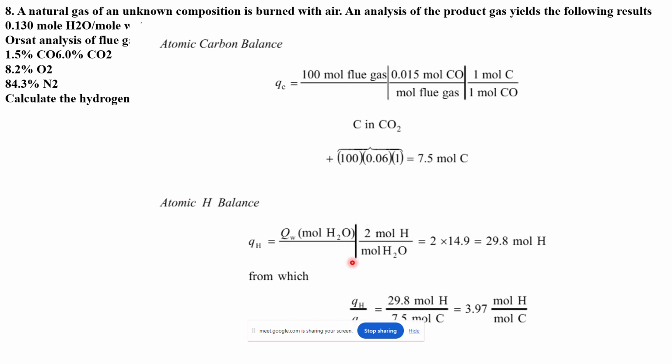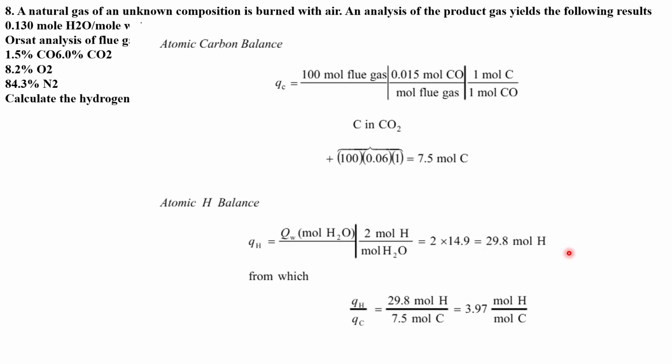The hydrogen goes into two forms, one of which is H2O. Based on that, we can calculate the amount of hydrogen present in the natural gas relative to the carbon. It will be around 29.8 moles of hydrogen.